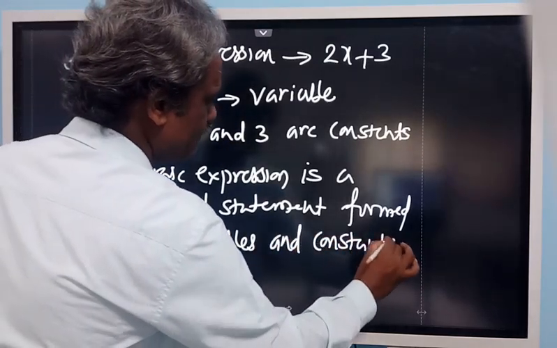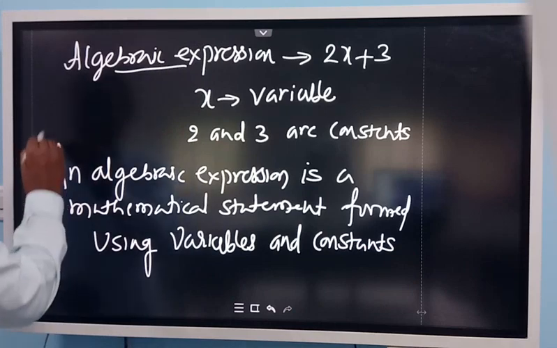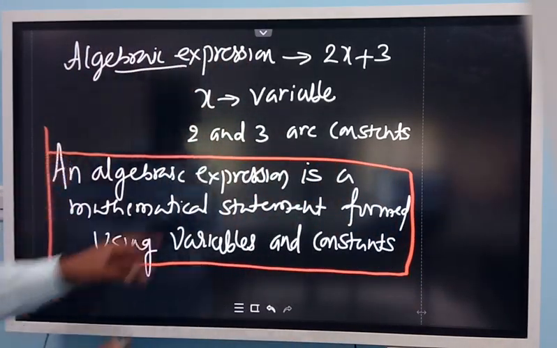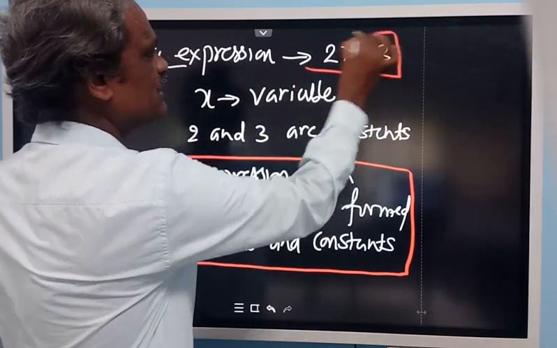We call it an algebraic expression. The example I have given is 2x plus 3.